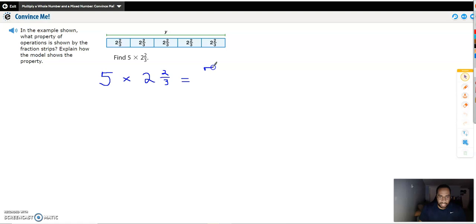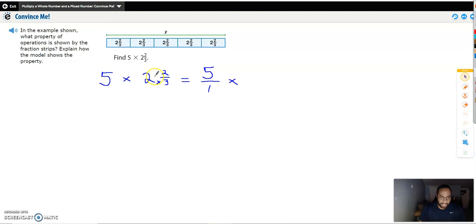We learned last time that in order to turn a whole number into a fraction, we do what, Clifton? Yes, Clifton, we put it over 1. And to turn this into an improper fraction, we do what first? Yes, we multiply 3 times 2.